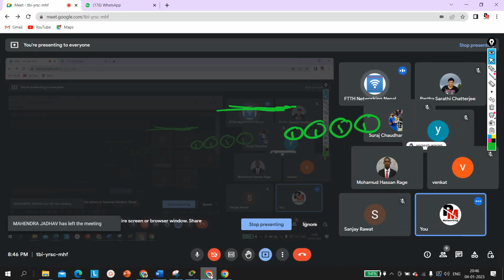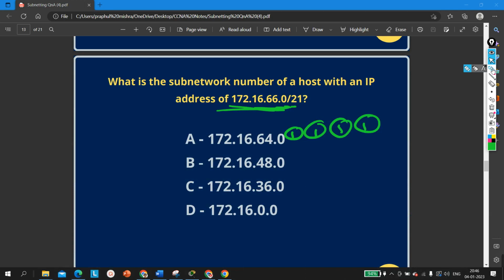I also think A. And Yogesh sir, what do you think? Okay, considering A from your side. So all are saying that option A is right.